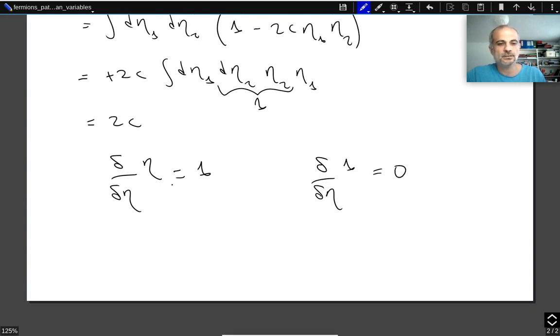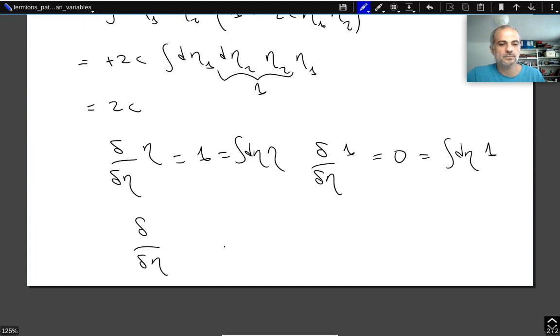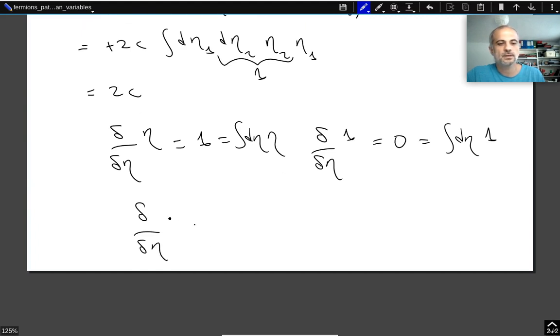Note that these are just like the integrals. The derivative of eta is 1, so is the integral of eta. The derivative of 1 is 0, so is the integral of 1. Hence the derivative operation for Grassmannian variables is actually equal to the integration operation for Grassmannian variables.